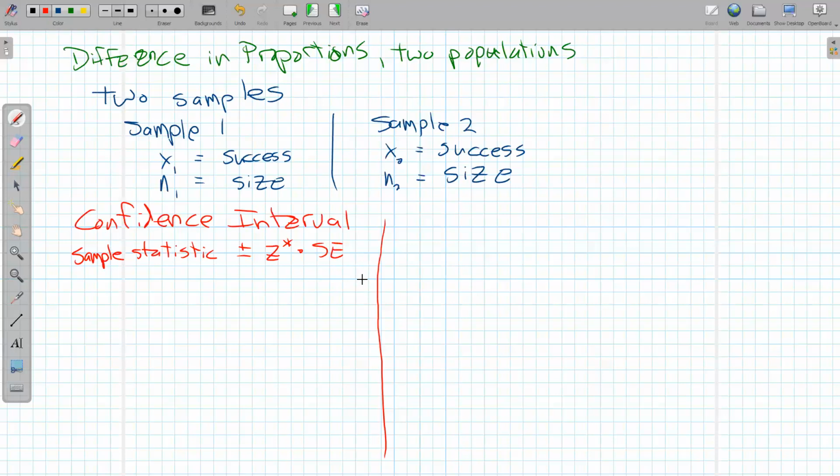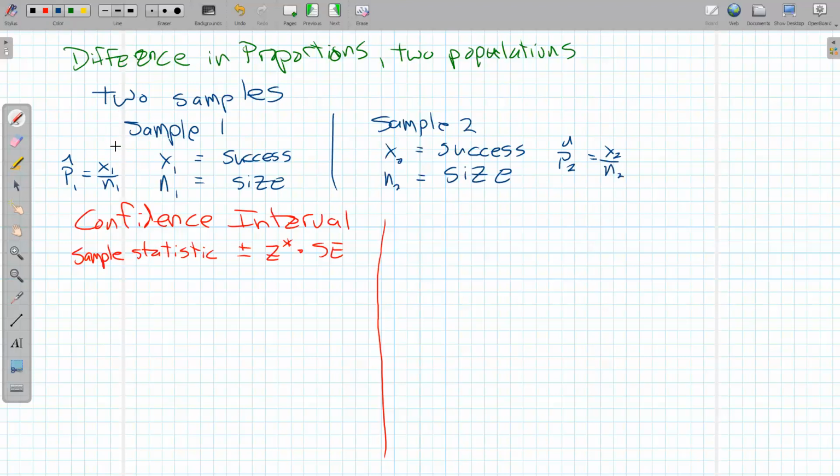So remember, standard error is a standard deviation. And we already know how to find the standard deviation for a proportion. So for each of these, I would have to find my p hat. So p hat 1 would just be x1 over n1. P hat 2 would just be x2 over n2. So we can find those.